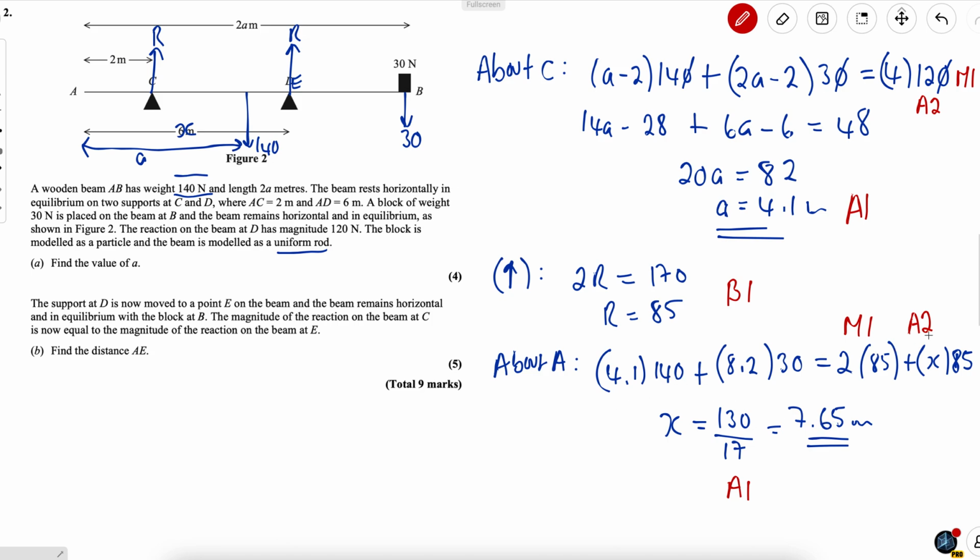The accuracy marks and the method mark for this equation here, if you have used your 4.1 and your 4.1 was incorrect, you'll be allowed FT, follow through on that from your value. Likewise, your 85 from here, if that's incorrect, they will allow you still all of those marks, even if that's not correct, as long as your working is correct for your values.